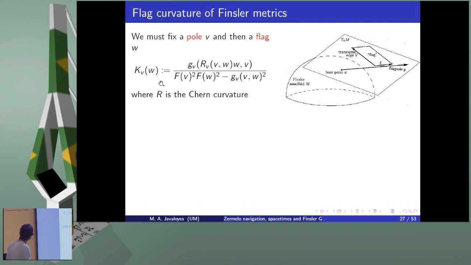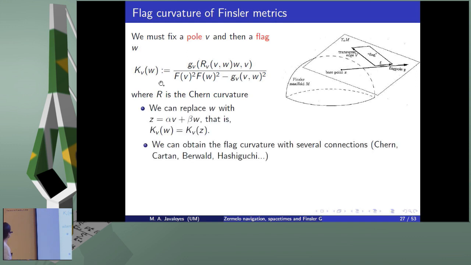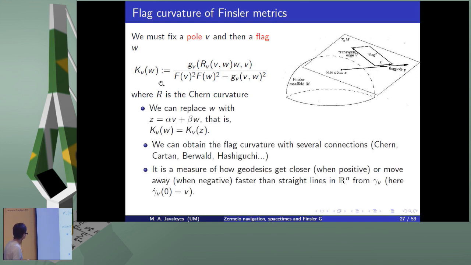There is only a dependence on directions in some places, but the important thing is the interpretation of flag curvature. Flag curvature basically is a measure of how geodesics get closer or move away. This is true also for Riemannian geometry, of course. But in this case, you have to fix first the geodesic.